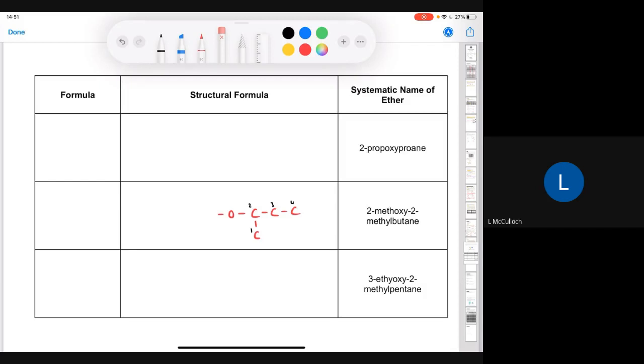Now it's 2-methyl butane. So I'm also going to have to draw a methyl group on the second carbon. So I'm coming back to my second carbon and I'm drawing a methyl group branching off it there, like so. I'm now just going to pop the hydrogens onto that.